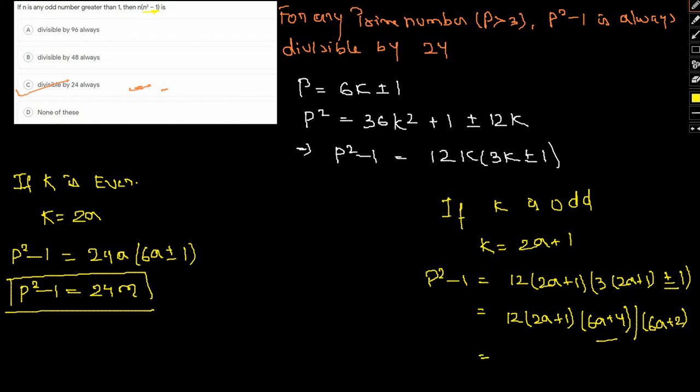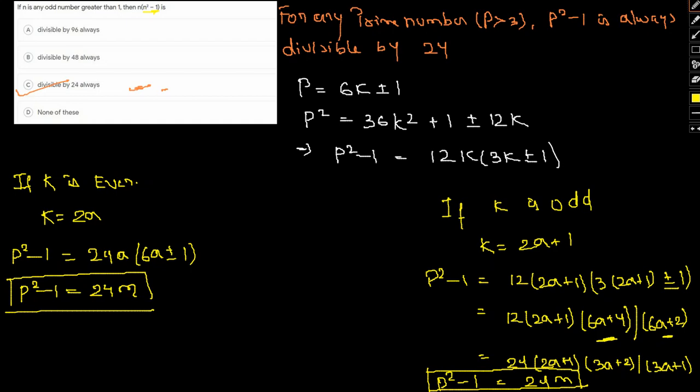Now if I take 2 common from here, either way let me just take 2 common. So then I can write this as 24 into (2a plus 1) into (3a plus 2) or (3a plus 1), okay, or this can also be written as 24m for p squared minus 1. So these are my two results.